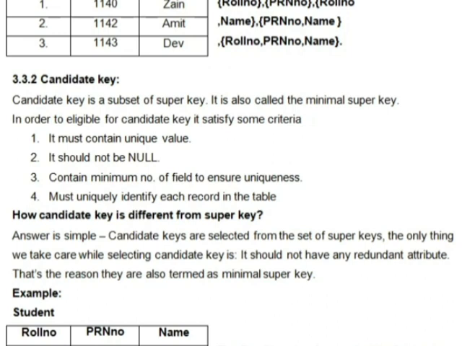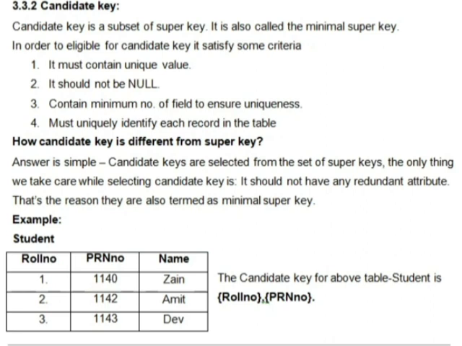So by using these criteria, the attributes eligible for becoming a candidate key are only two, that is roll number and PRN number. In this particular table, the columns which uniquely identify every record are roll number and PRN number. So we have selected these two attributes as candidate keys.